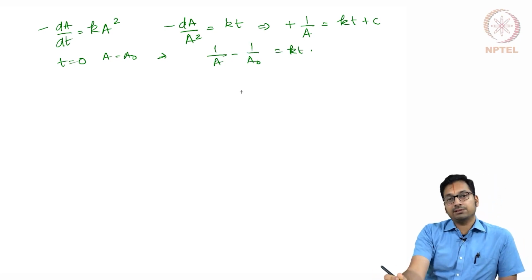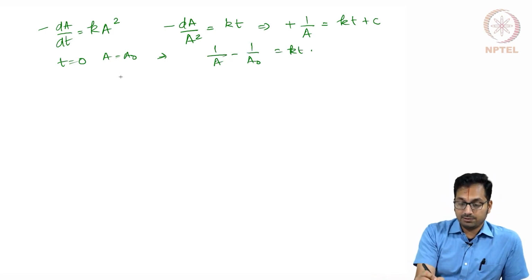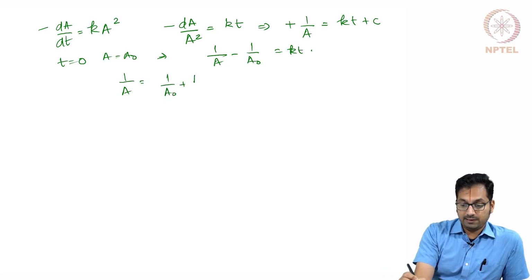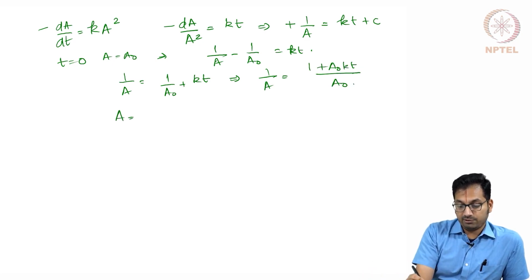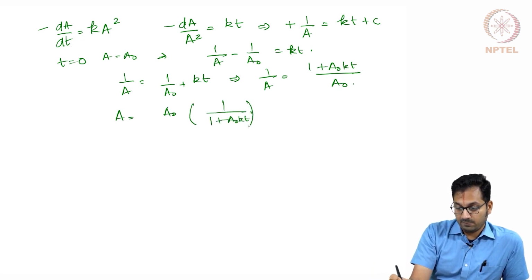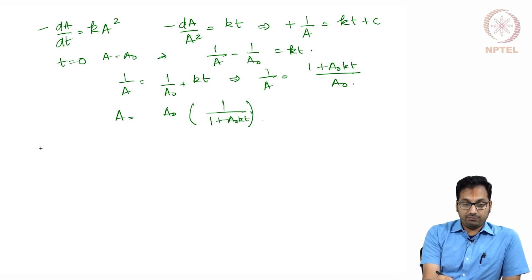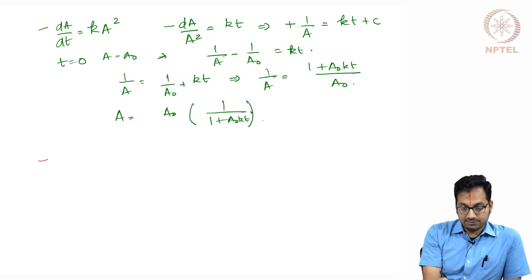We can quickly rearrange the same way that we did earlier. So this is going to be 1 over A equal to 1 over A naught plus kt, which implies A is A naught divided by 1 plus A naught times kt. Therefore, A as a function of t is going to be something like this. So therefore, for zero, first and second order reactions, let us try to summarize what we saw.